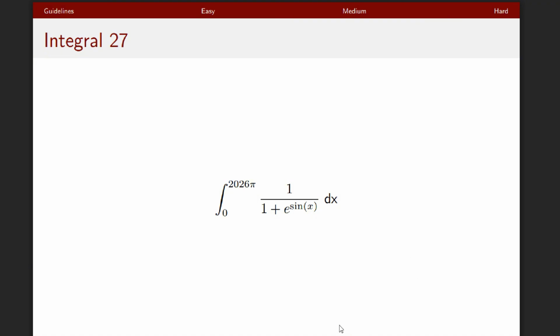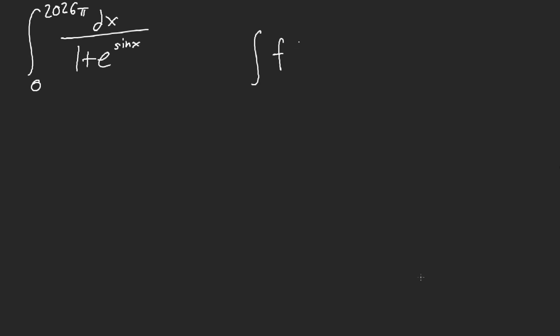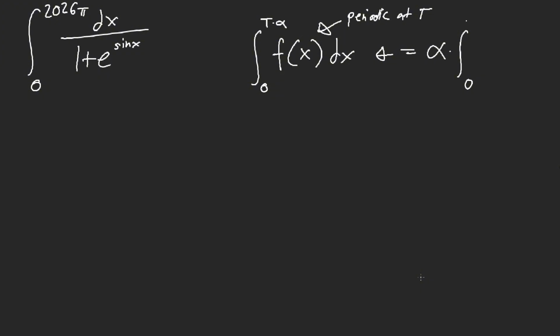Oh. Norwegians has started this tradition. If you have a function that is periodic at some t, for some t times some value, right? And this function is periodic at t, then this is equal to alpha times the integral from 0 to t of f of x dx, right?